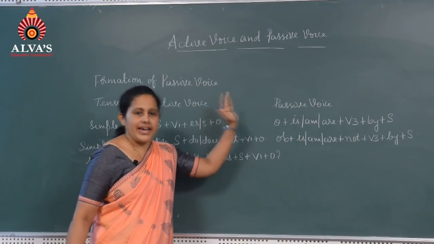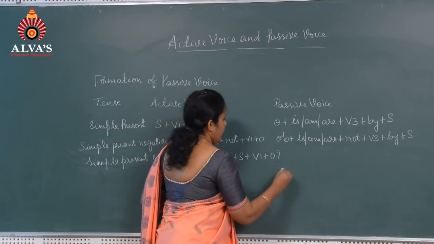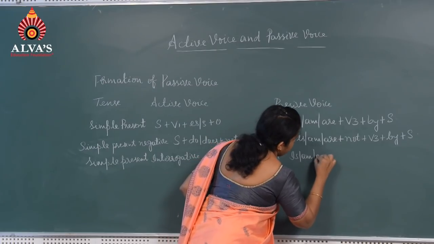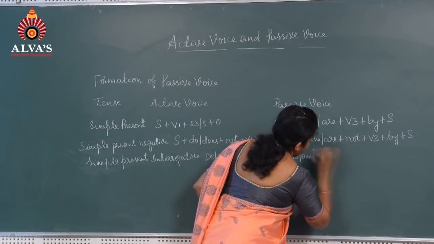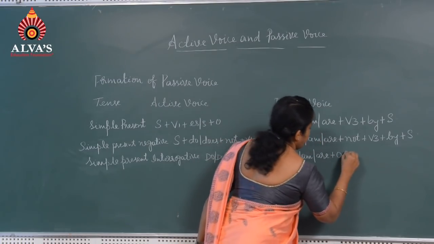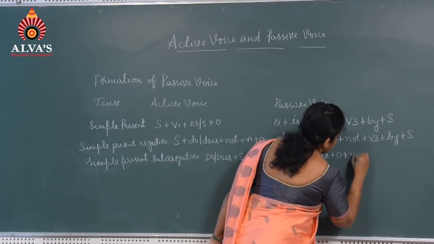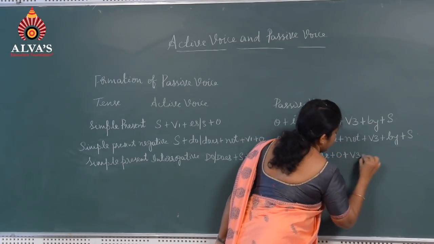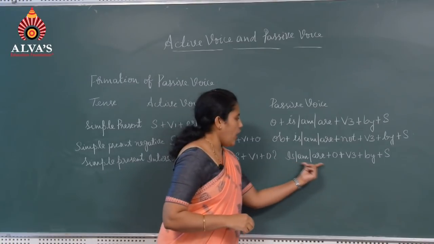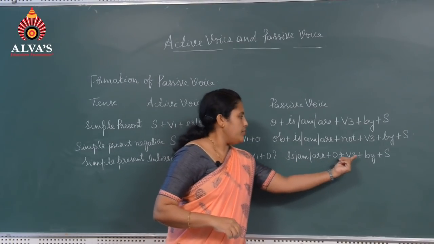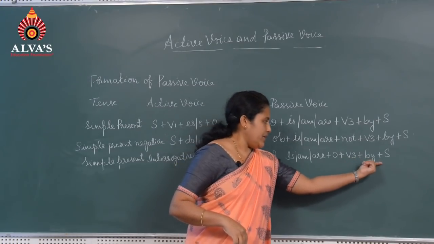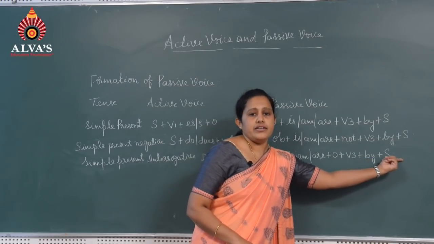See, when we change from active to passive, here we have to see is or am or are plus object plus V3 form of the verb plus by plus subject. So, is, am, are plus object plus past participle form of the verb plus by preposition plus subject.